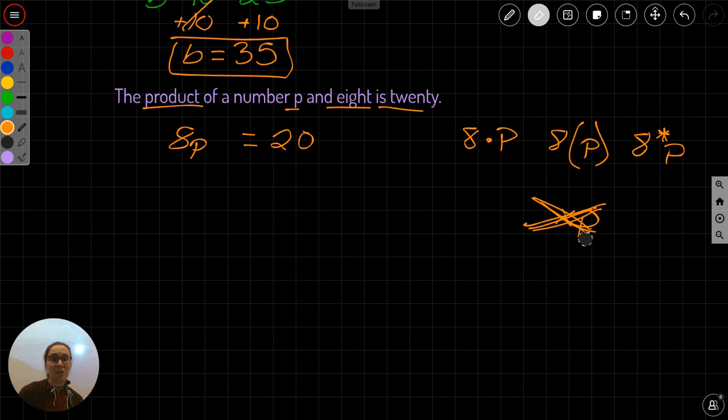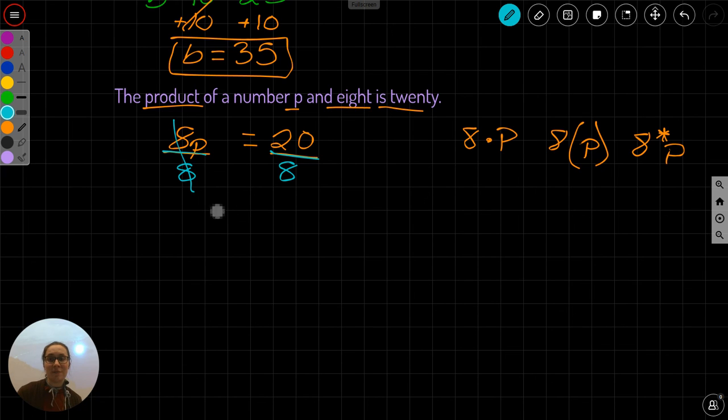So we have a multiplication problem, which means we need to undo that multiplication to get that p by itself. And how do we undo multiplication? By dividing. We need to get rid of that 8, so we're going to divide by 8 on both sides.